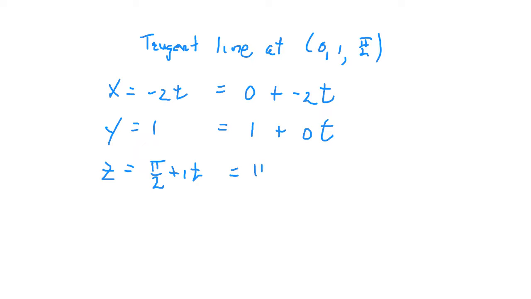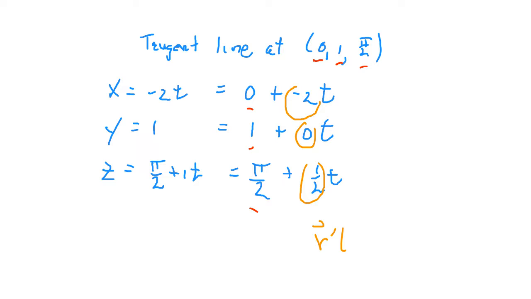And then z is just pi over 2 plus 1t. So do you see how the 0, the 1, and the pi over 2, that's the point that the tangent line passes through. And then the components of the tangent line, which are negative 2, 0, and 1, well, those are just components of the derivative vector, which is negative 2.